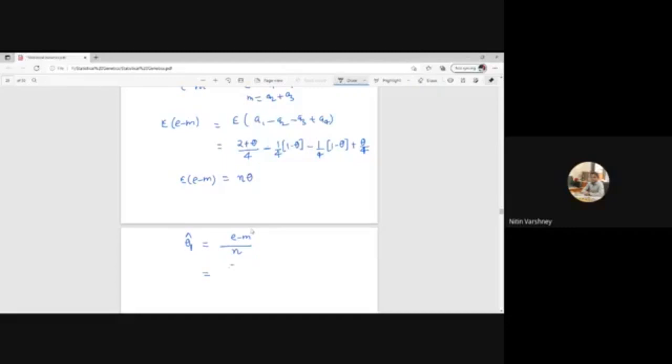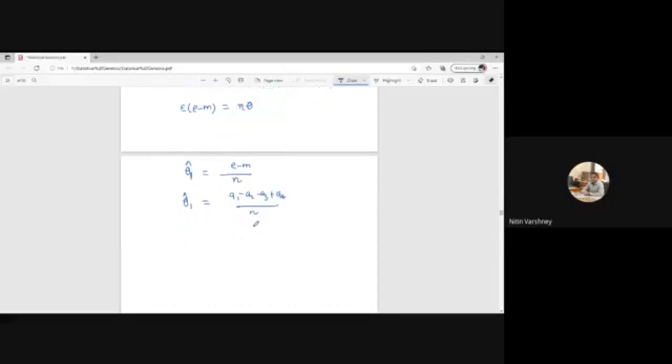So this will be A1 minus A2 minus A3 plus A4 divided by n. This is my first estimator, from the immersion method, and we need the variance of theta 1, where 1 indicates the first method, the immersion method.